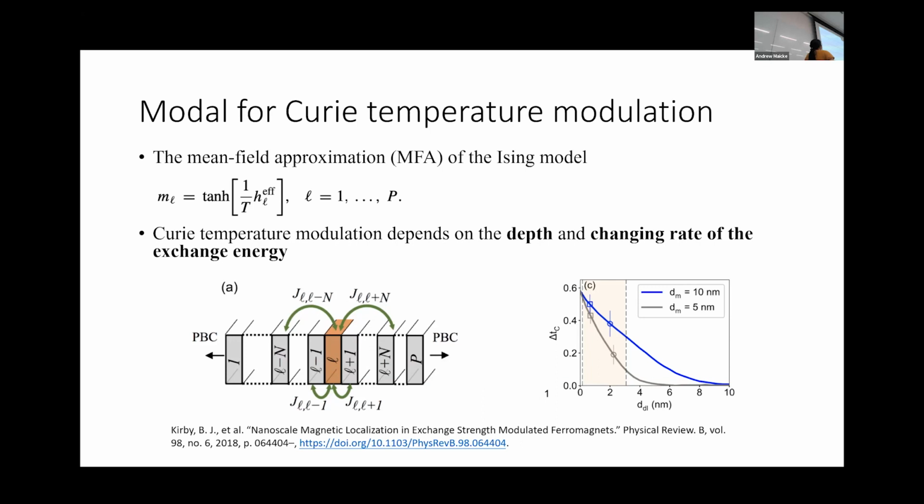The closer to the peak, the larger the change away from the Curie temperature. For the one with a larger distance, the change is larger and can extend over a longer range. And the change rate is 3 nanometers. So it's pretty small, and we can create a difference in Curie temperature in a very small region.